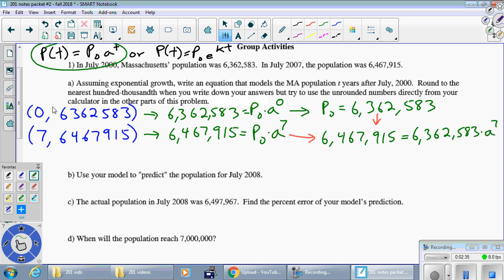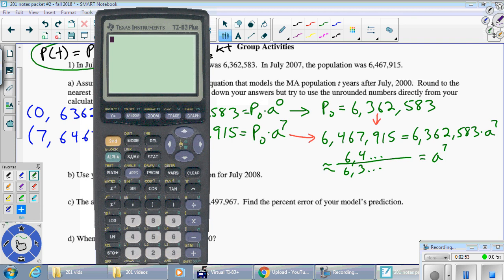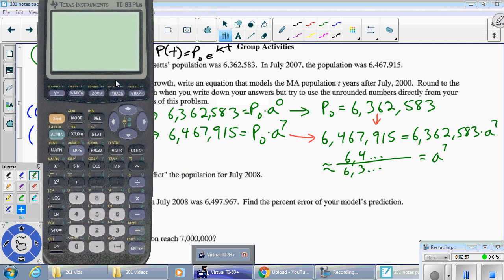And great, now I've got an equation with just one unknown in it, A. So we're going to divide both sides by the 6,300,000 number. And we'll get a decimal here, but we'll try to keep this number stored on the calculator. So this is not A, this is going to be A to the 7.